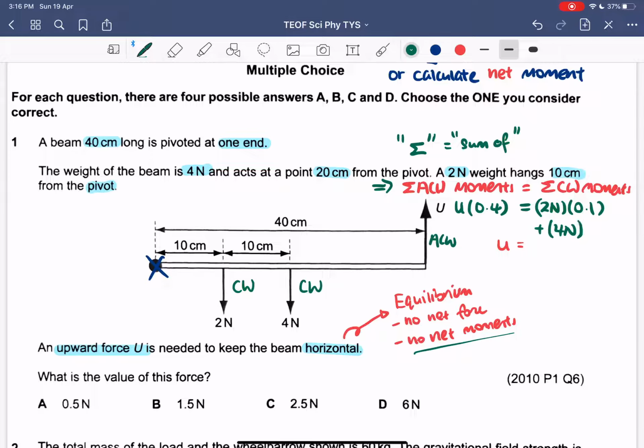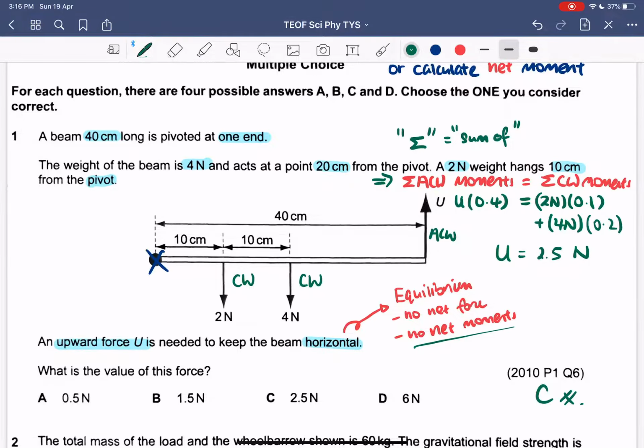Now this 4 newtons distance is not just 10 cm. The distance must always be from the force all the way to the pivot. So it's 20 cm, which is 0.2 meters. And from here you can simplify the equation. You will get U equals 2.5 newtons. Answer is C.